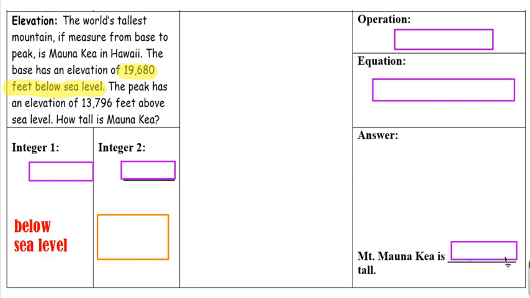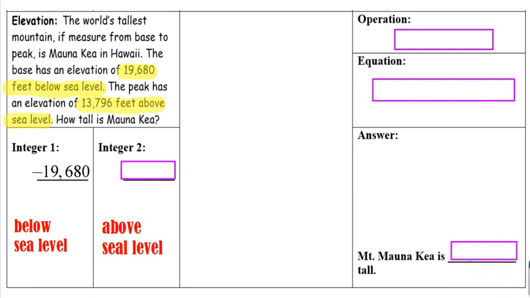That means our integer is going to be negative, so it'll be negative 19,680. Then the second integer, if we read the word problem, is 13,796 feet above sea level. Above sea level means this is positive, so the integer is positive 13,796.